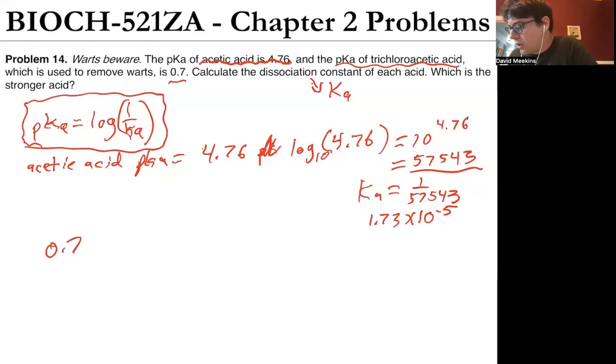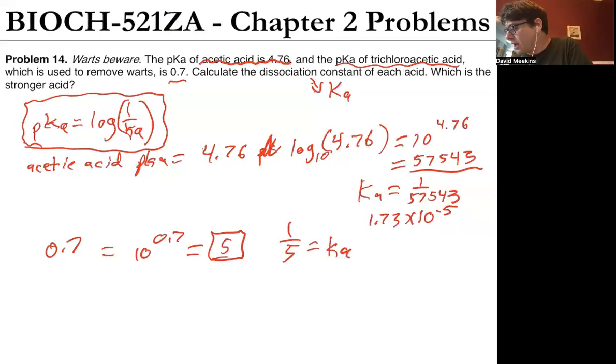So we can find the antilog of that very easily. That's just 10 to the 0.7, which equals 5. So 1 over 5 equals the Ka, which equals about 0.2, if I did that correctly.